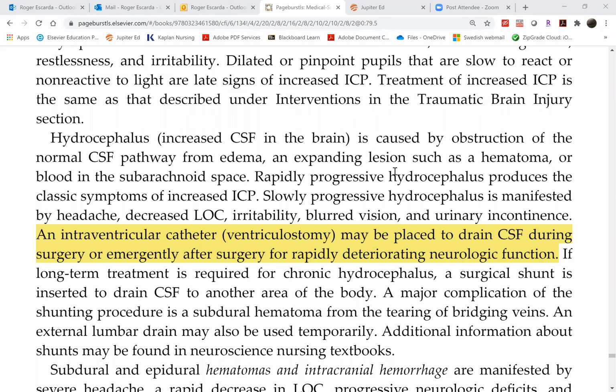So they make an angle. I forgot what that angle is called, but anyway, they clip your hair off your skull and then drill a hole through your scalp into the skull. So now they have a hole. They insert a catheter into the ventricle. That's why it's called an intraventricular catheter.